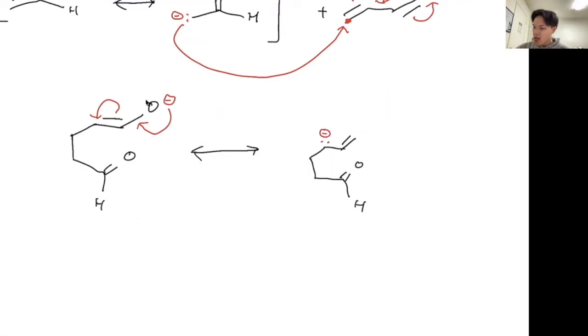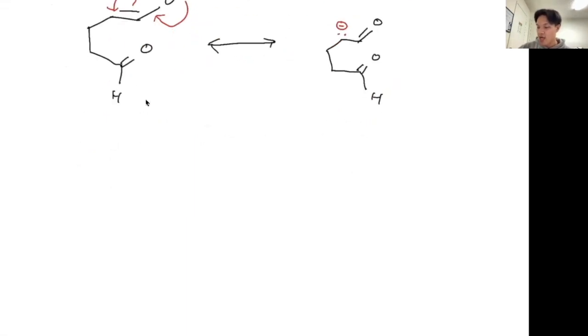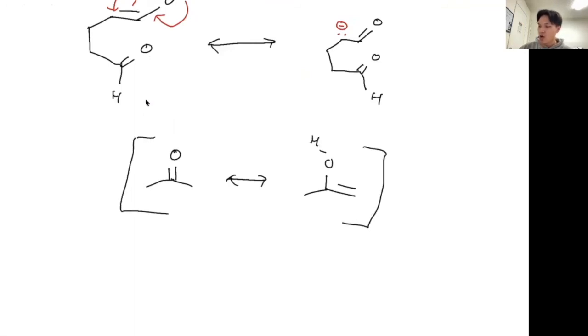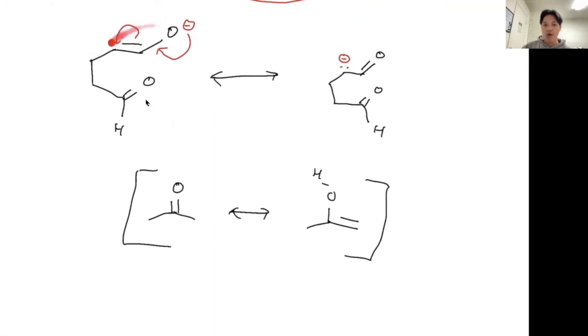And go back to what we talked about, keto-enol equilibrium. If you don't remember keto-enol equilibrium, this can either exist as that or this. So these are tautomers of each other, right? And you can sort of see how that's going to form over here. Well, first we need a hydrogen on this oxygen, right?